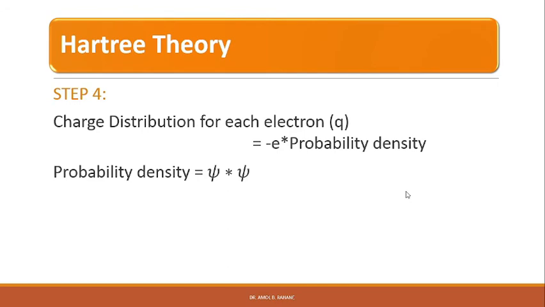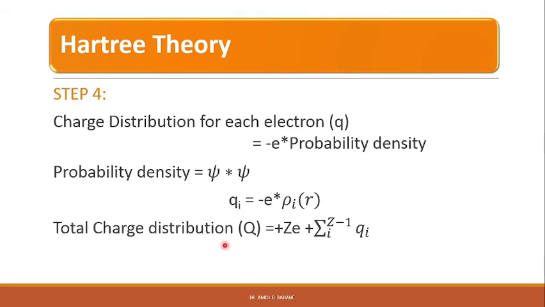The justification is that psi star psi determines the probability that the charge would be found in various locations in the atom, right? So the probability density times the charge of the electron will give the charge distribution of the particular electron, right? So for each electron we calculate the charge distribution.